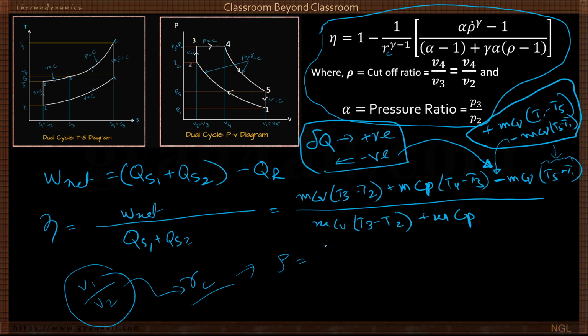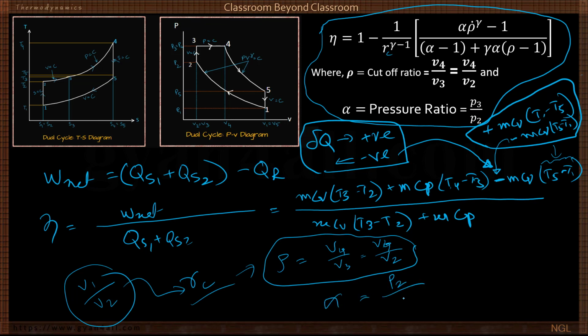Rho is V4 divided by V3, and that is also equal to V4 divided by V2. So this value we have to find out, or sometimes it may be directly given as the cutoff ratio. Then again alpha value we have to find out from the pressure P3 divided by P2. So if you get this value, you can get the efficiency of dual cycle. Okay?